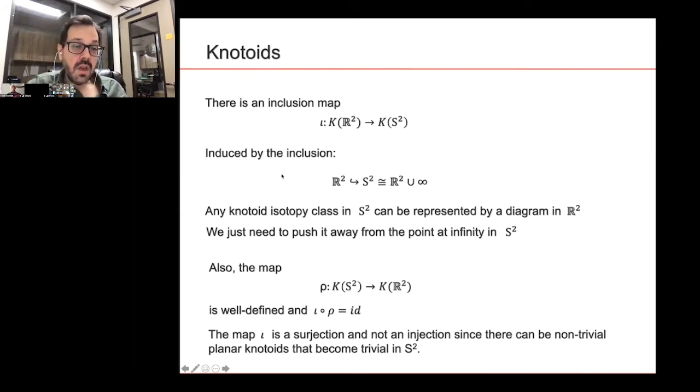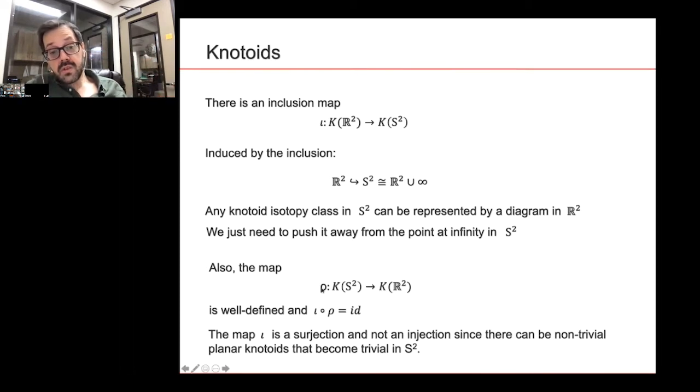We can define it like this, and any isotopy class of Knotoids in S2 can be represented by a diagram in R2, as long as we push it away from the point at infinity, because then it will not be well defined, and so on and so forth. Also, we have another map that is well defined, that we can project from S2 down to the plane, any Knotoid that we have.